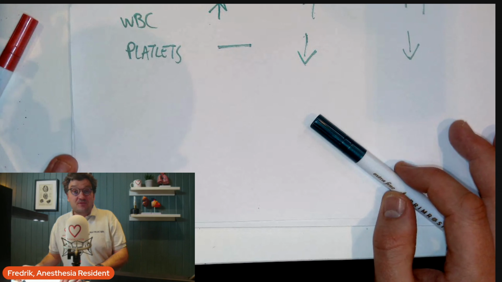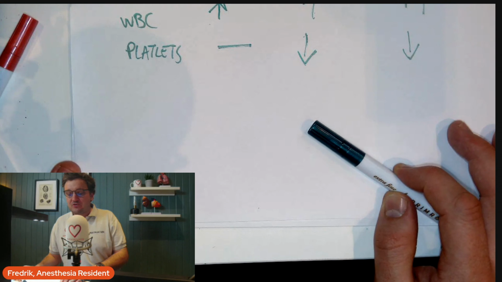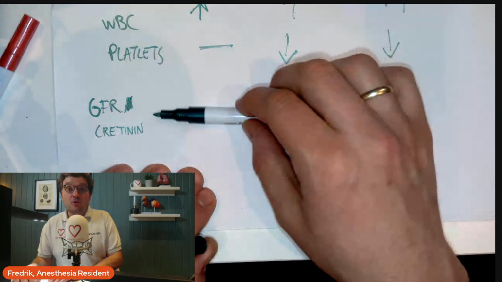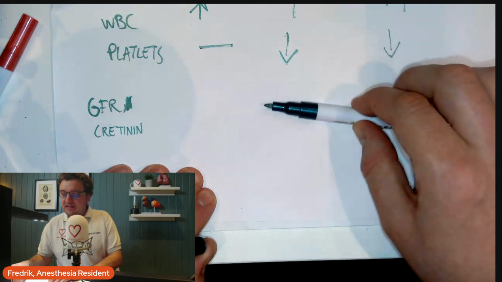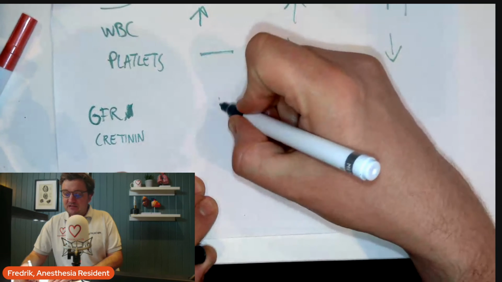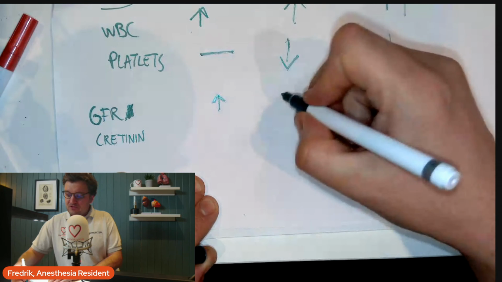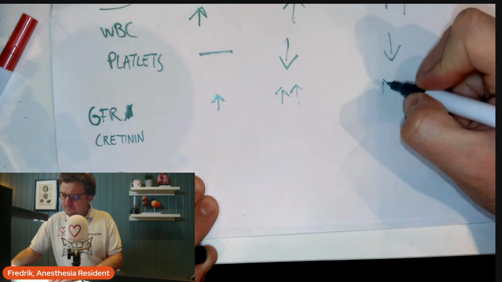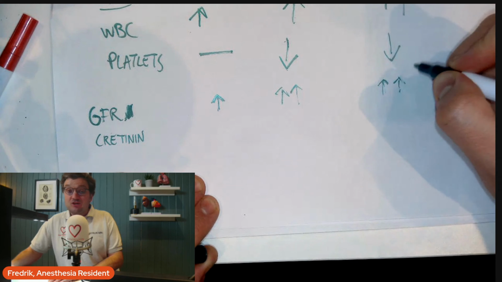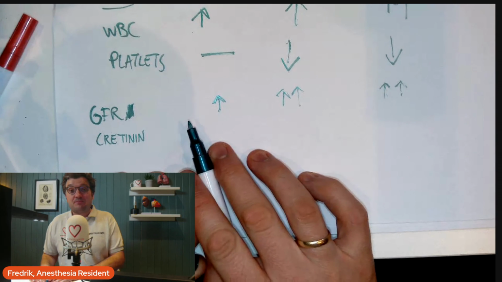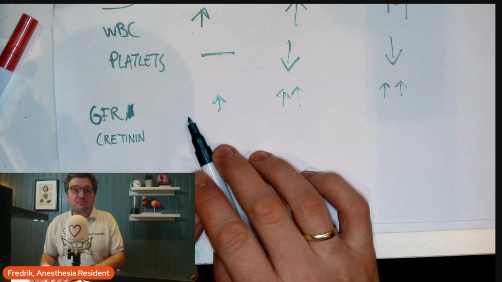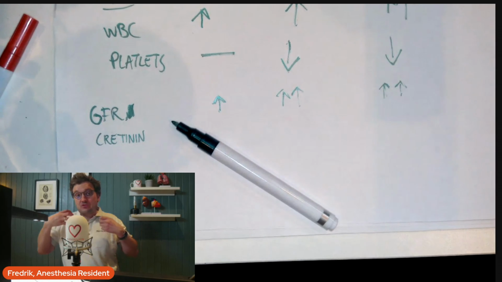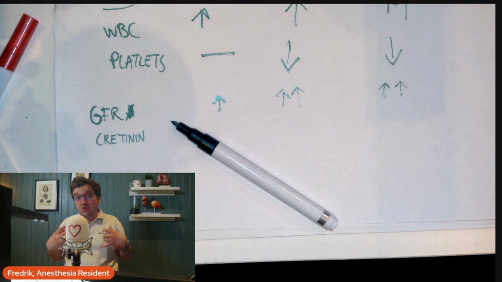So let's look at some of the renal changes that occur during pregnancy. When we look at glomerular filtration, we see that the GFR is increased in the first trimester and then greatly increased in the second and third trimester. This has a lot to do with the increase in blood volume and cardiac output. More blood is pumped throughout the body, meaning that also more blood is getting to the kidneys and getting filtrated.